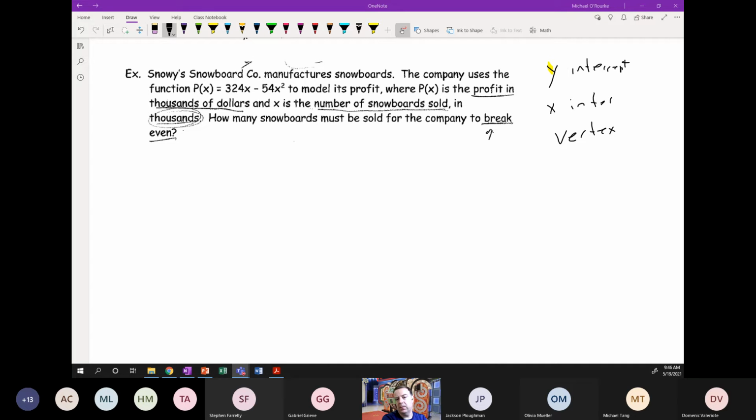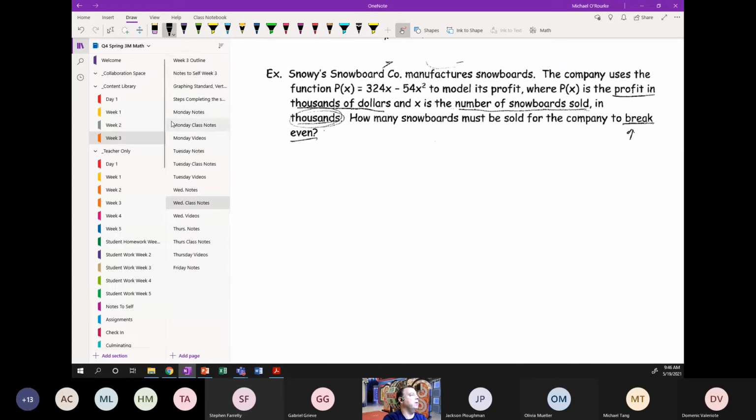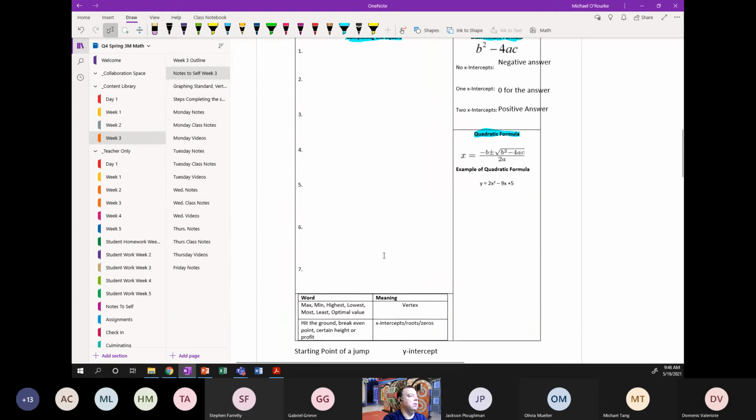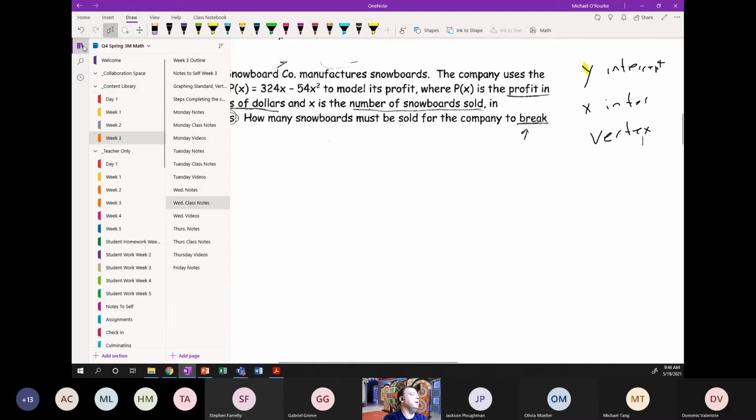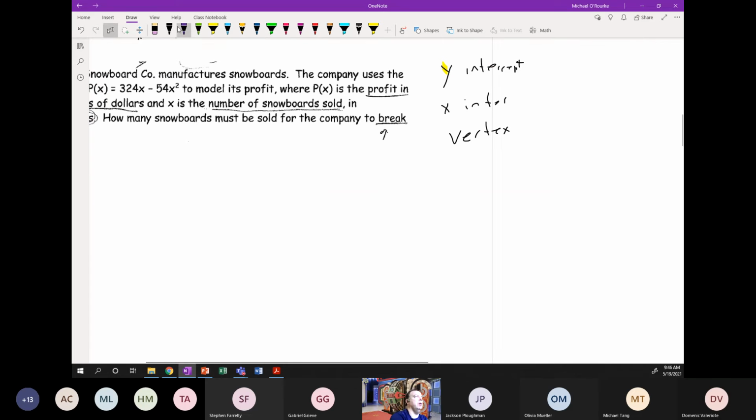All right. So if we're looking at break-even points, if you go back to our notes to self, break-even points are x-intercepts. Because if we think about it, if we have a chart, this would be my profits, this would be my sales.